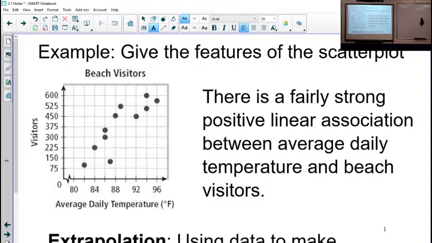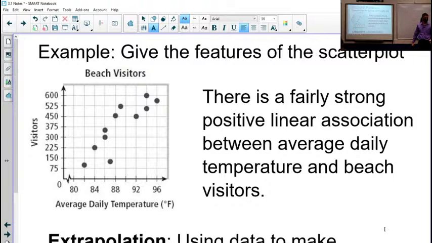It's the visitors. The response variable is y. The explanatory variable is the temperature, because we're using temperature to explain the beach visitors. So we are saying that as the temperature goes up, the amount of beach visitors will also go up.